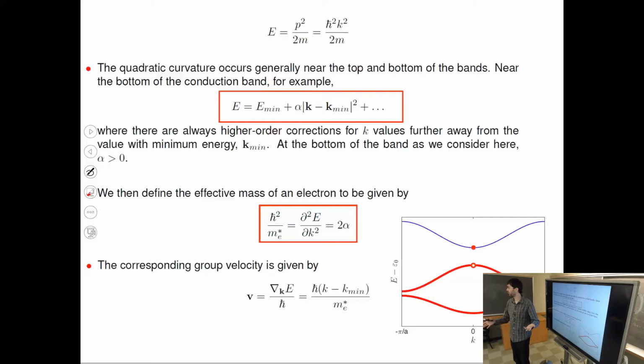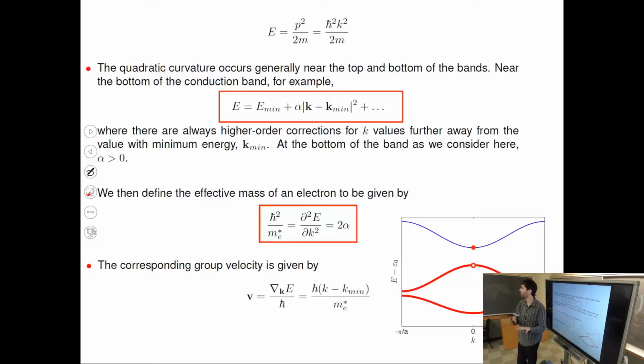The nearly free electron model is another model we could use, or we could use more precise models than that even. But what very generically occurs is that at the minimum of the band, at the extremity of the band, let's say conduction band minimum, you would always have a quadratic dispersion as long as you look close enough to the minimum.